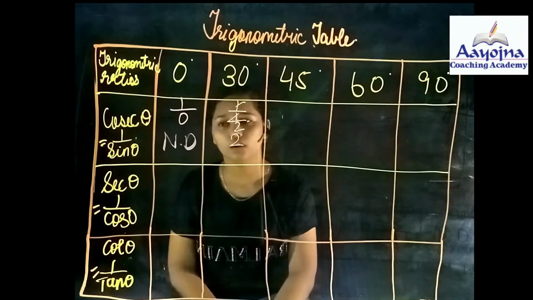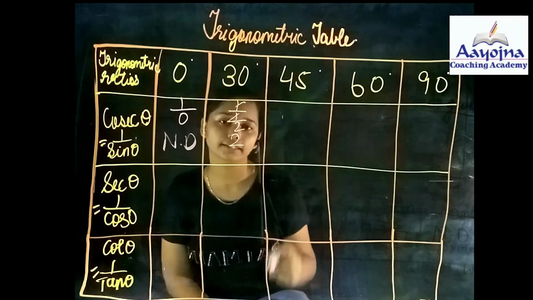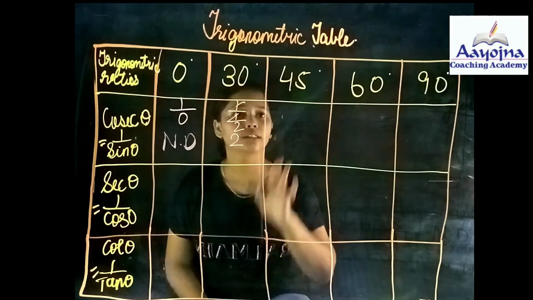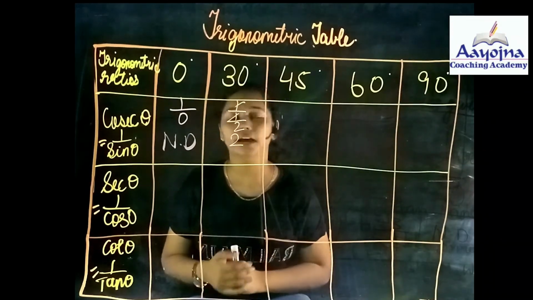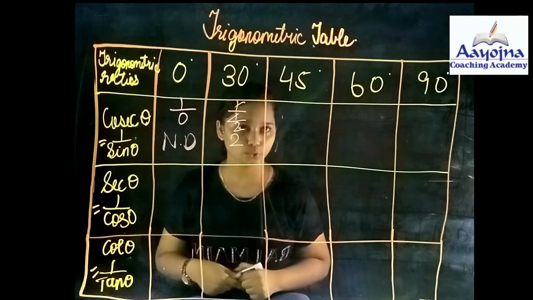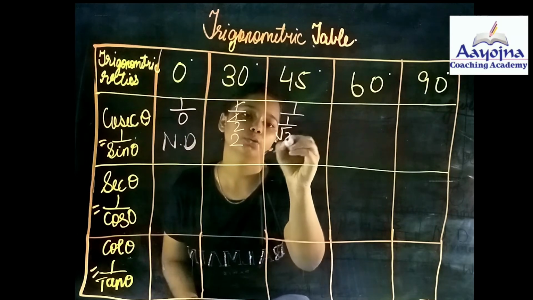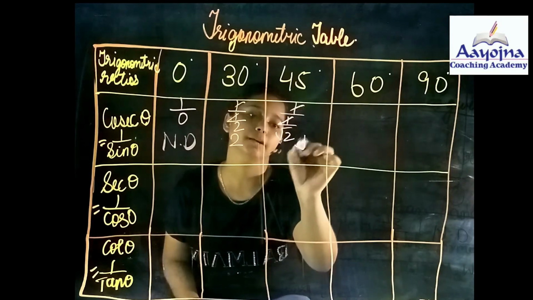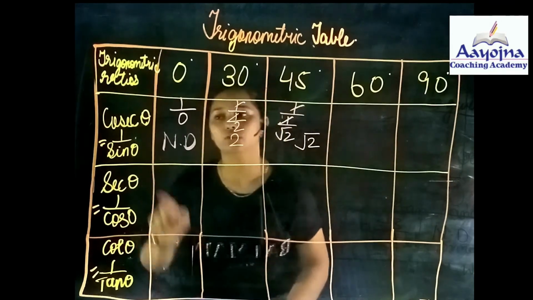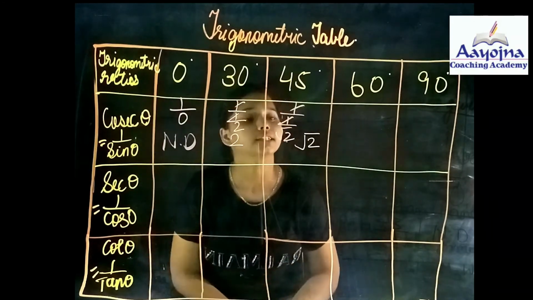So the value for cosec 30 degree is 2. Now the third one, that is 45 degree. We all know sine 45 degree is 1 upon root 2. So 1 upon 1 upon root 2, 1 gets cancelled, it becomes root 2. So cosec 45 degree is root 2.